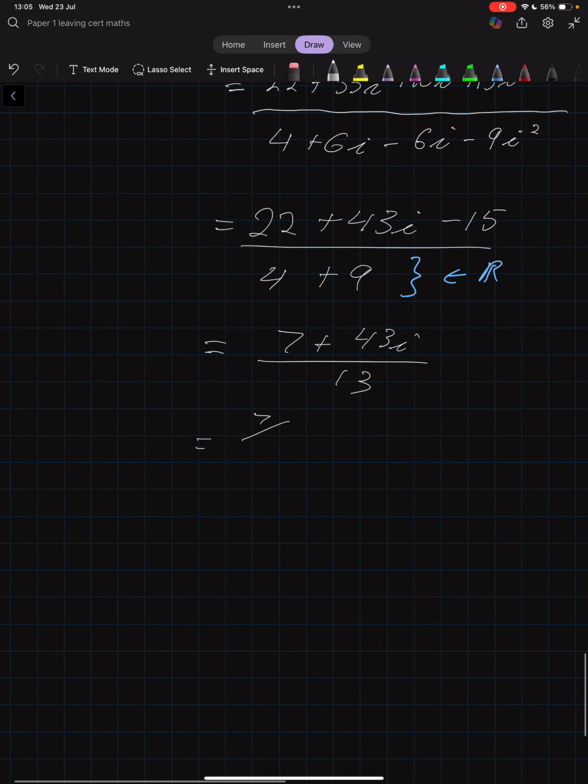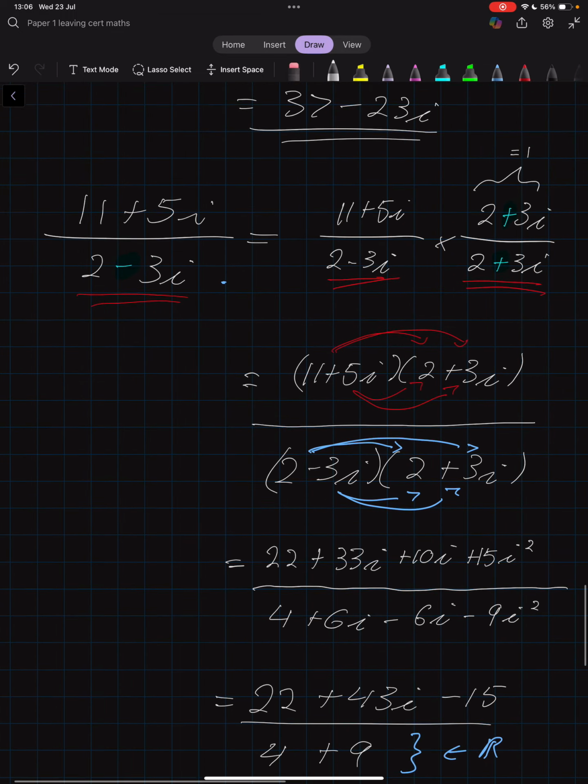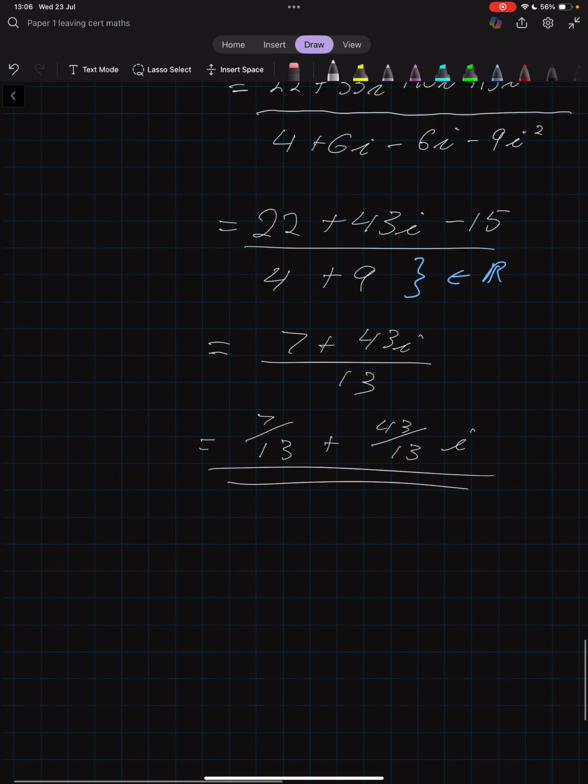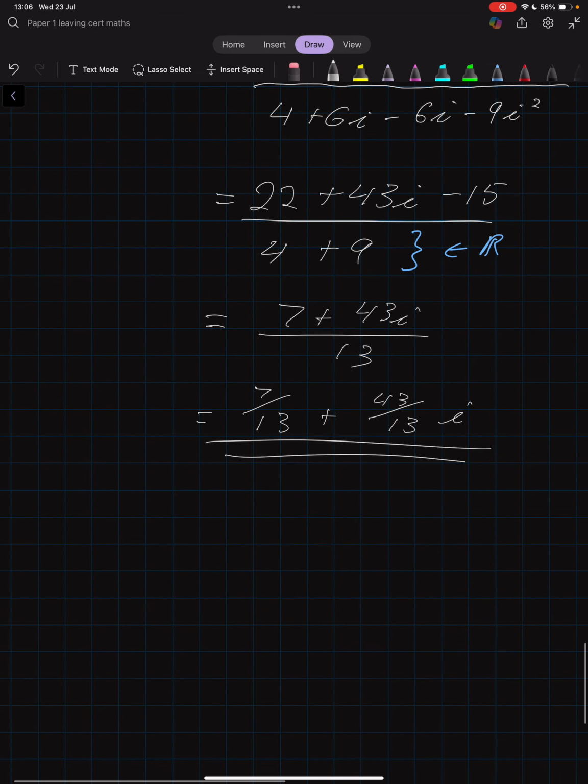This is just 7 over 13 plus 43 over 13 i. And that's it. This number divided by that number is simply equal to this. That was a very hard one, but now that we've done it, hopefully it isn't too bad.